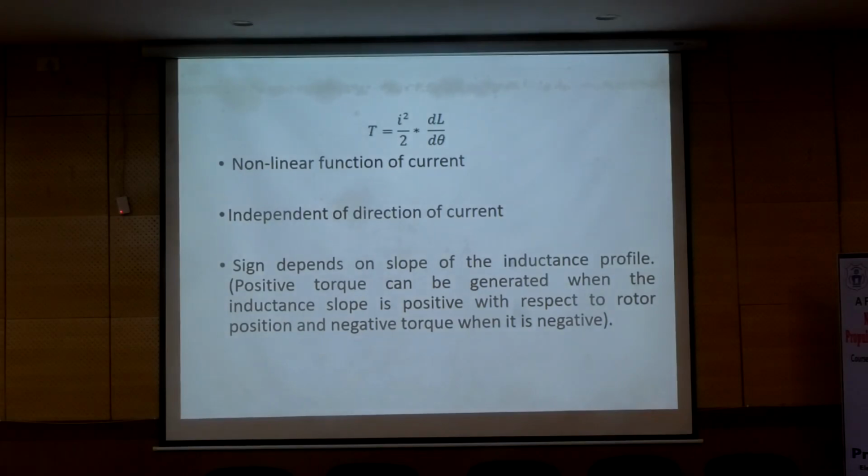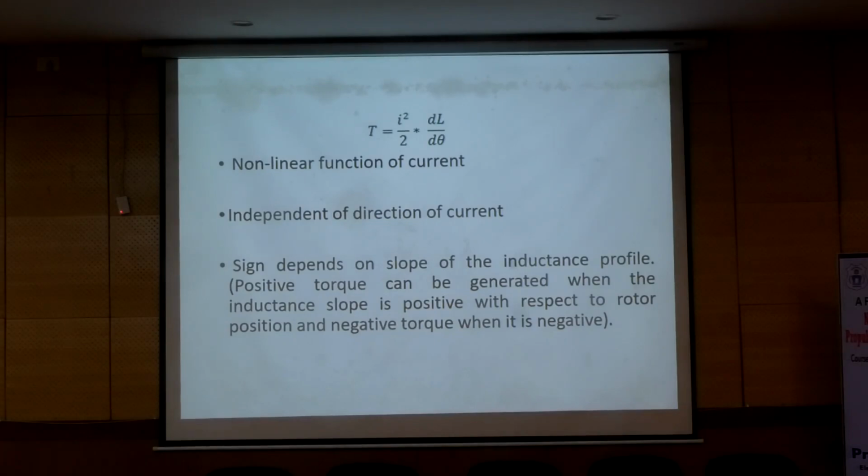However, irrespective of the direction of the current, even though it is a nonlinear function of the current, because of this square nature the torque sign depends on the slope of the inductance profile. Irrespective of the direction of the current, the torque is always positive.